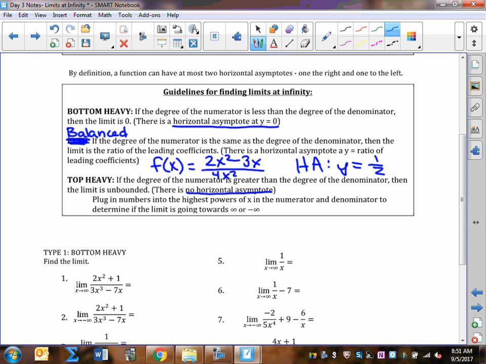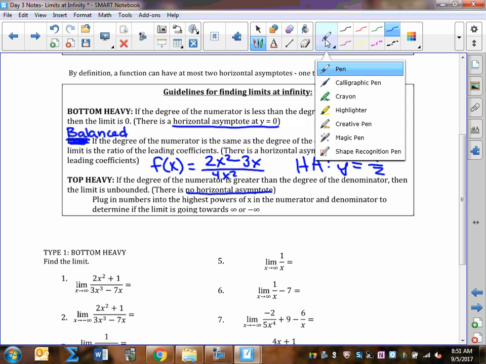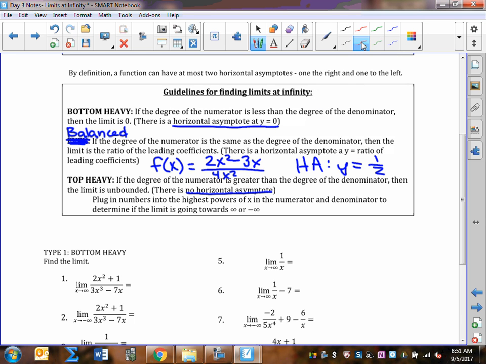Now, something I want to add to this. We have our properties of limits that we learned, where we had the constant rule, the identity rule, the sum and difference, the product, and the division, as long as those limits existed. Now, those properties also apply to limits at infinity. So I want to go ahead and add a little extra blurb in this space here.